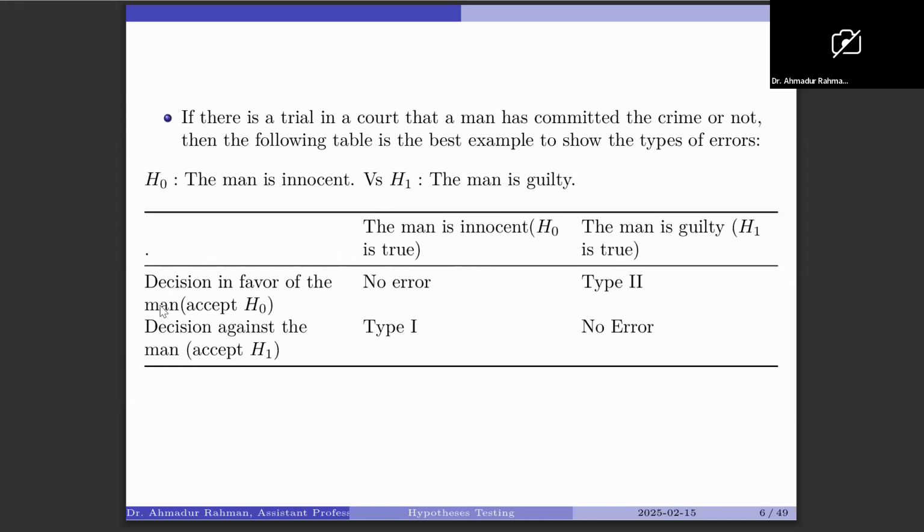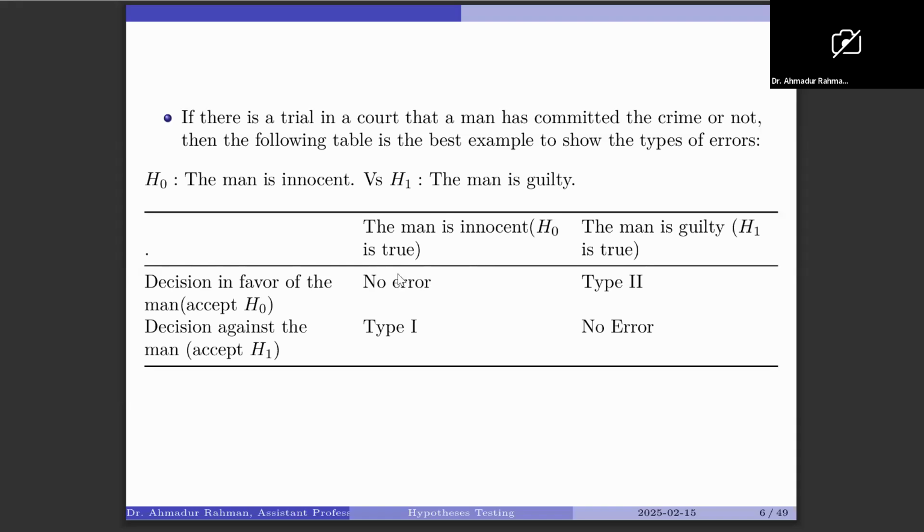Okay. Now the row names are showing the decisions. Decision in favor of the man, what will happen if the decision comes in favor of the man? If the man was innocent, meaning H naught was true, and the decision came in favor of him, then see the first element of this matrix, that is no error.